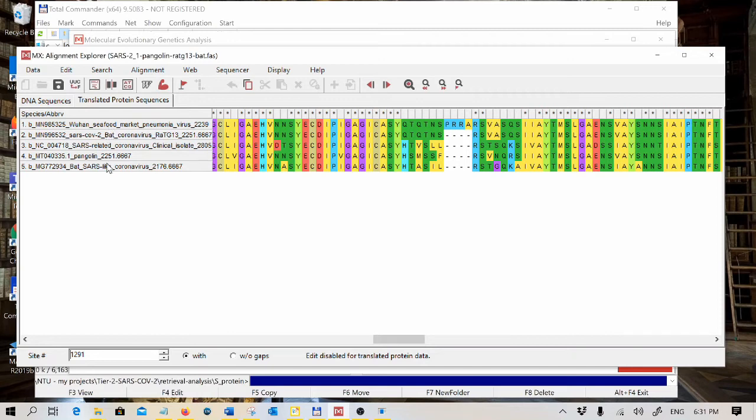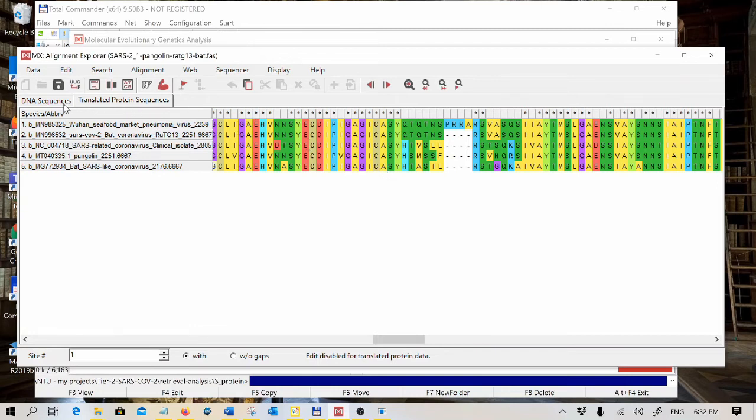None of the related viruses, like bat RaTG13, or SARS-1, or pangolins, or the SARS-1 from bat, have this insertion, though this region, as you can see, is very conserved as well.